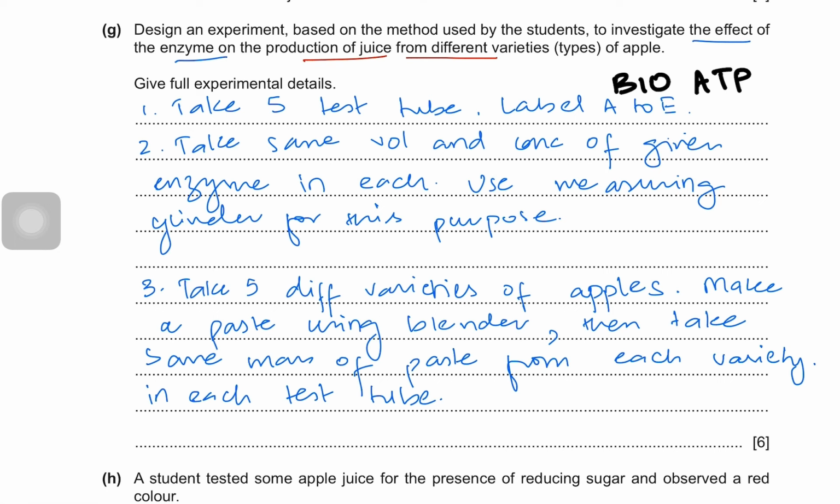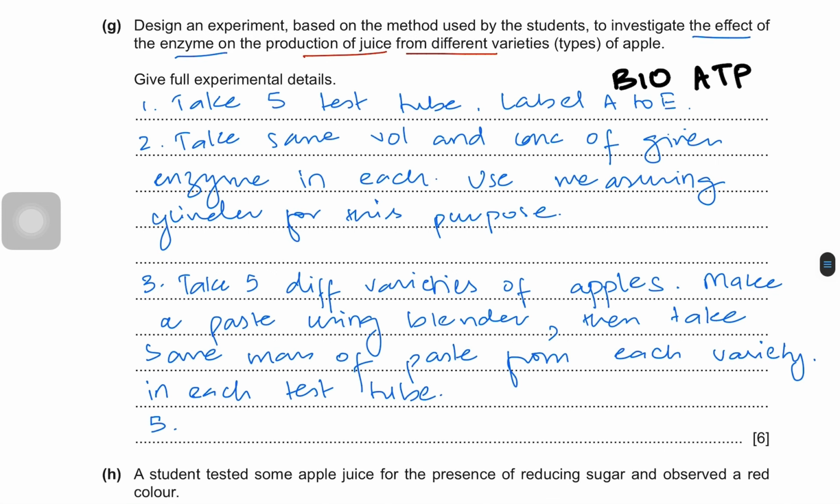And then measure, and then talk about what will you observe, what will you see. So you can talk about how much juice is produced here. They're concerned with the production of juice, right? So you can talk about filter after same time, and then talk about filtration to collect the juice, and then talk about how you will compare.